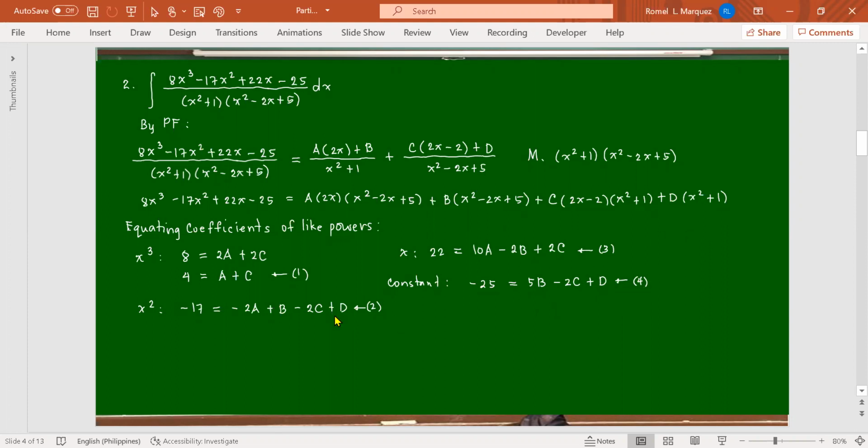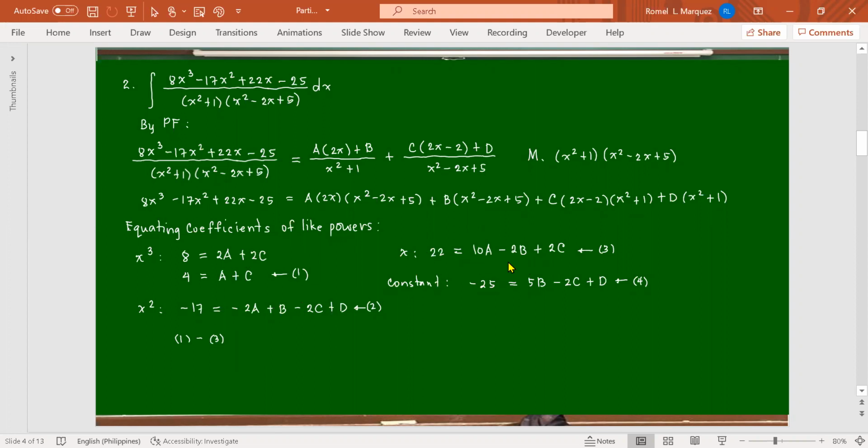So let's solve these four equations simultaneously, starting with equations 1 and 3. I think it is better to take the difference.